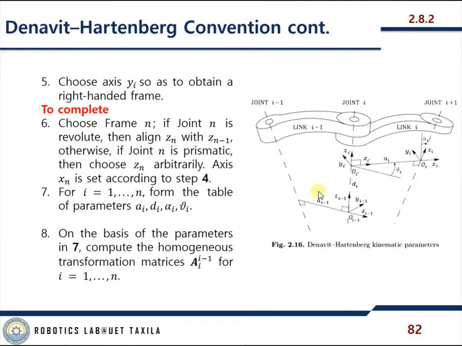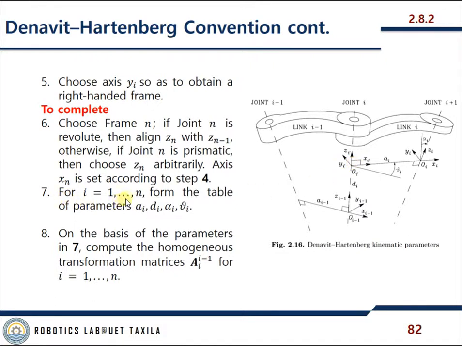If joint n is prismatic, then you can choose zn arbitrarily, and axis xn is set according to step number 4, which means the axis is set based on the description given in step 4, which is to choose Oi at the position where it has the limit of its motion in prismatic fashion.